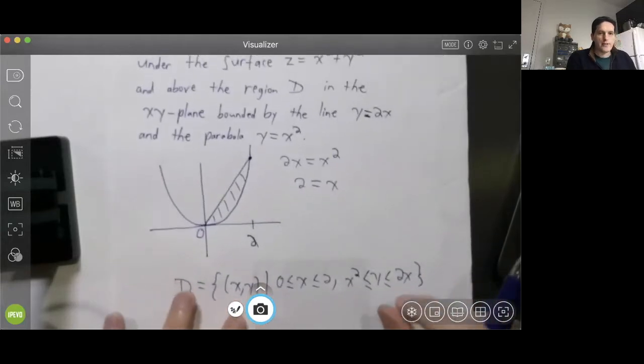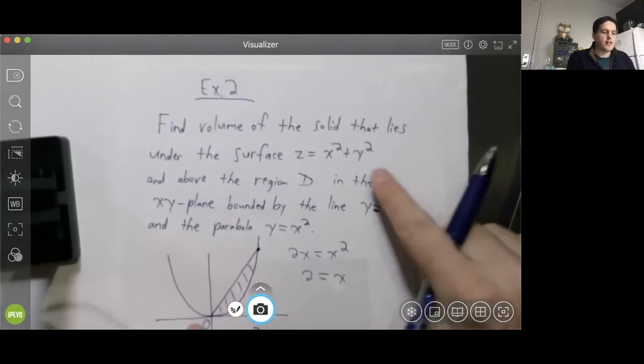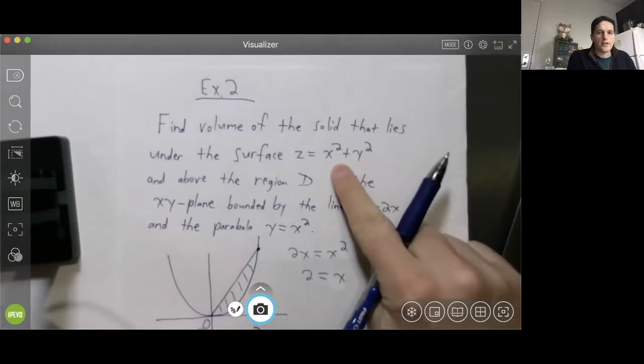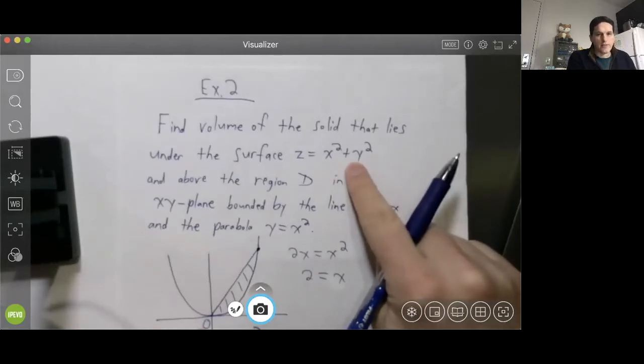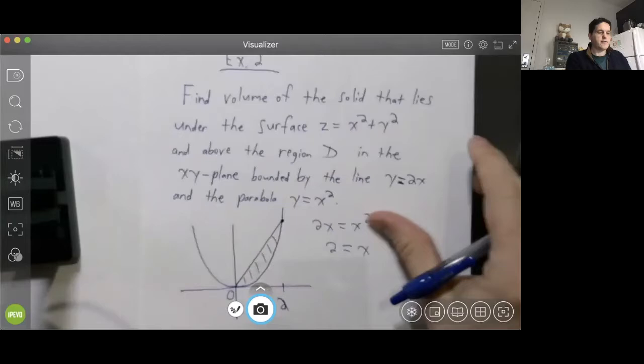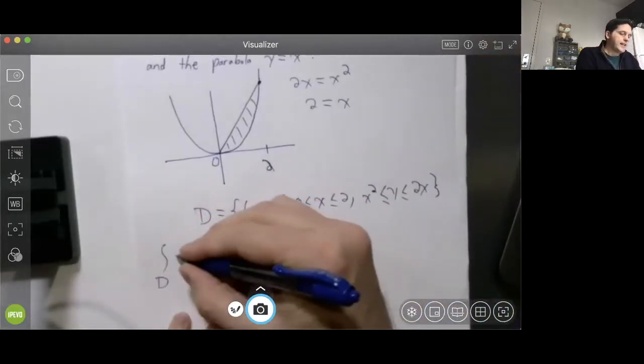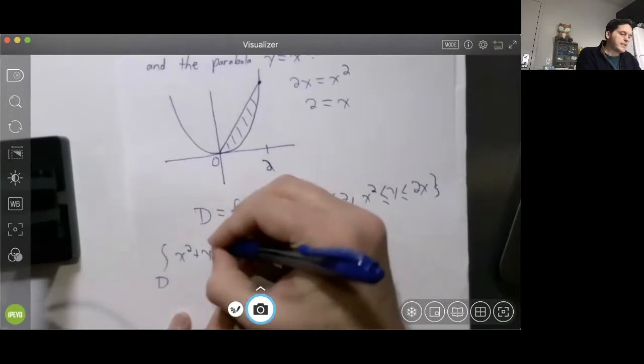And what function do we want to integrate? Well, we're trying to find the volume under this surface. We're trying to find the volume under the graph of this function, x² + y². So the function that we are integrating is x² + y².